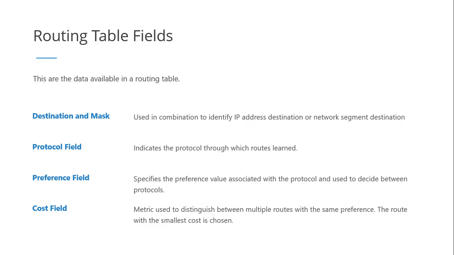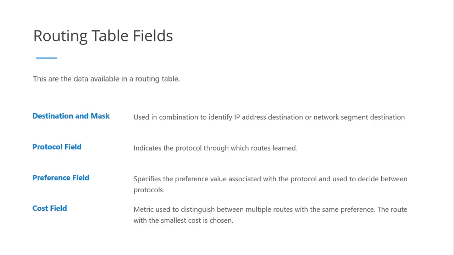Each type of protocol has its own preference value. I'm not entirely sure if they can have the same preference data. If I remember correctly, they must have different contents in the preference field. And this is the one used to decide which protocol is to be used.